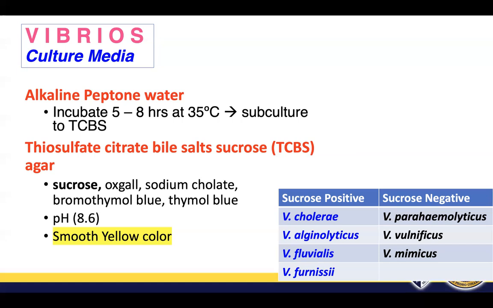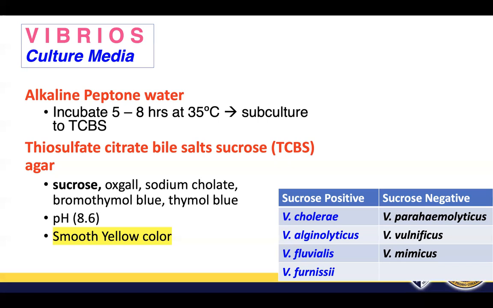It also contains sodium citrate and indicators like bromothymol blue and thymol blue. The pH is around 8.6. The high pH will enhance growth of Vibrios. They cannot be grown in an environment that's acidic. They are killed by acids.